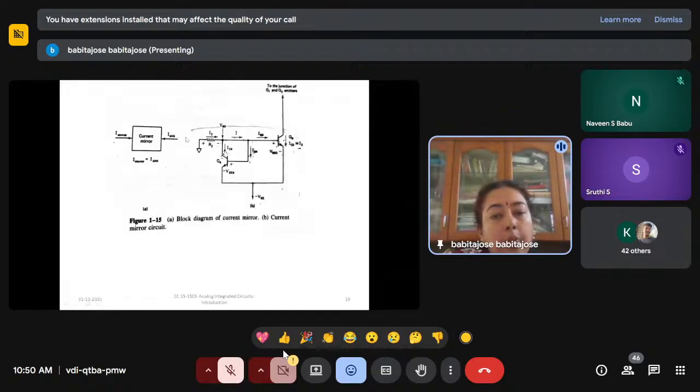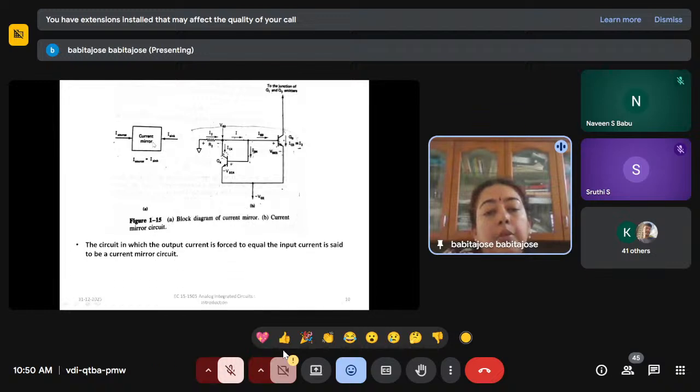Now, another way of providing a constant current is using a current mirror. So, what is a current mirror? You must have already heard about this. A current mirror is a circuit in which the output current is forced to equal the input current.